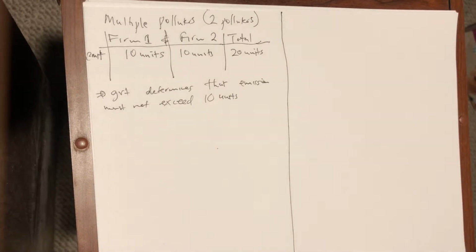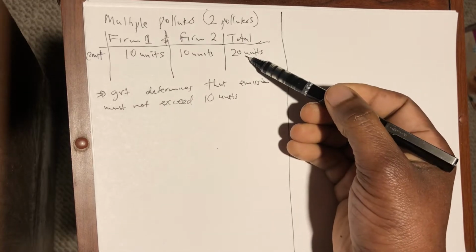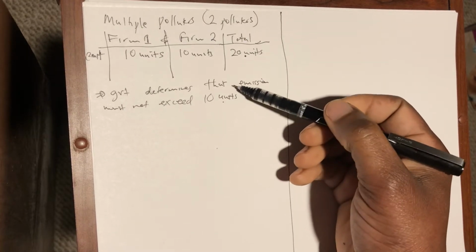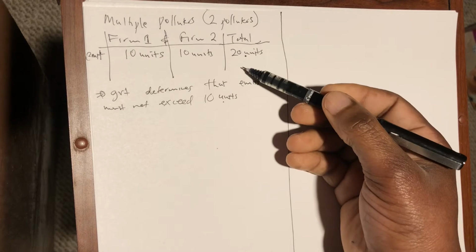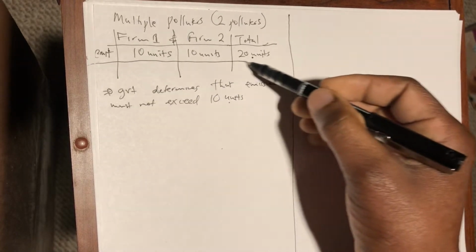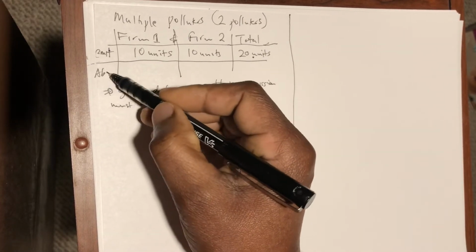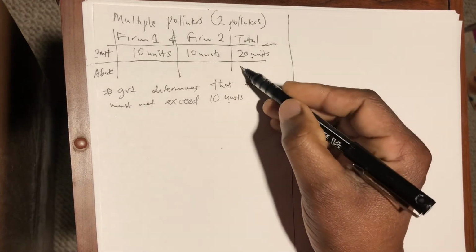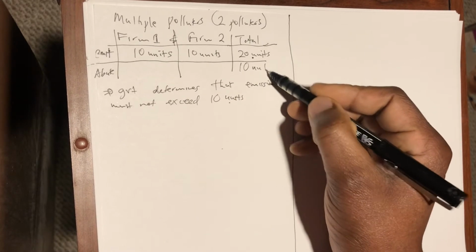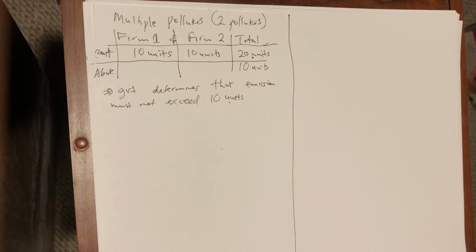So 10 units is the maximum in total, which means 20 is above 10. Therefore it means the firms should abate in total 10 units, right? We need to abate 10 units from this emission, right?